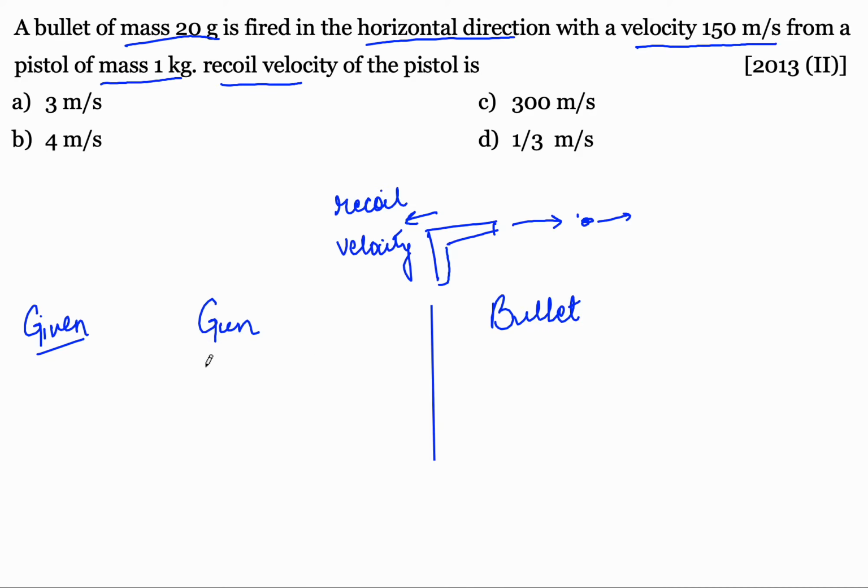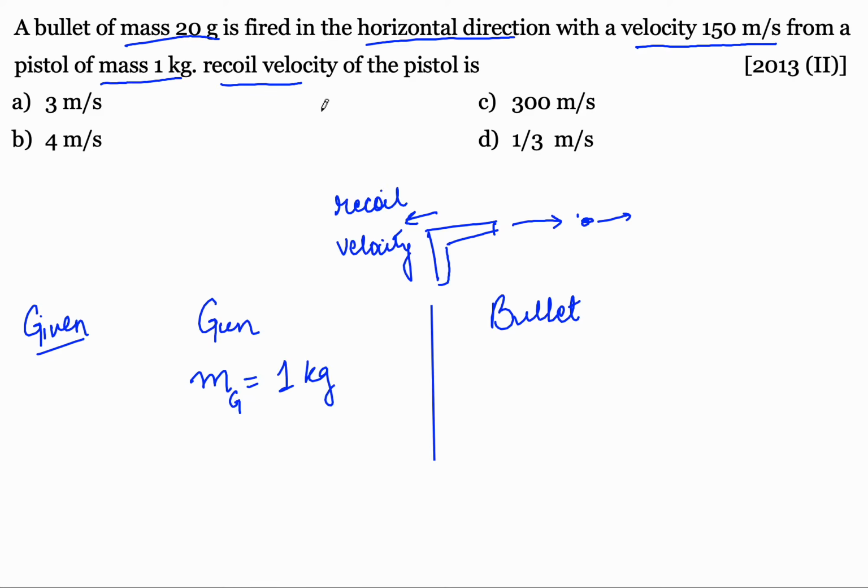Fine. So mass of the gun is given to you, which is here. I'm going to write down mass of the gun is 1 kg. Now mass of the bullet is also given to you. So I'm going to write down mass of the bullet is equal to 20 gram. This is in grams, so we have to convert this into its SI unit first.